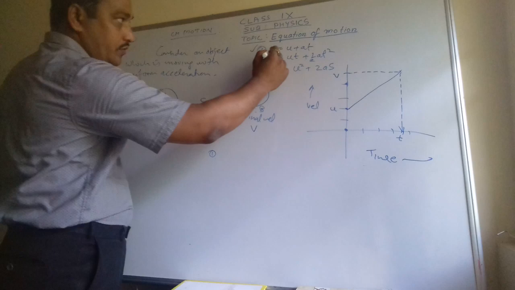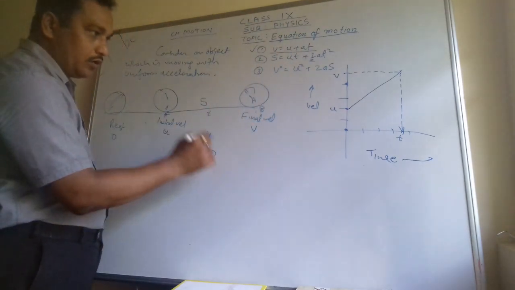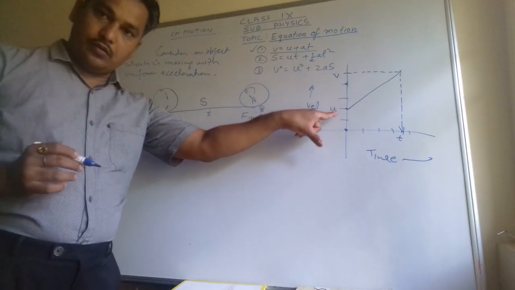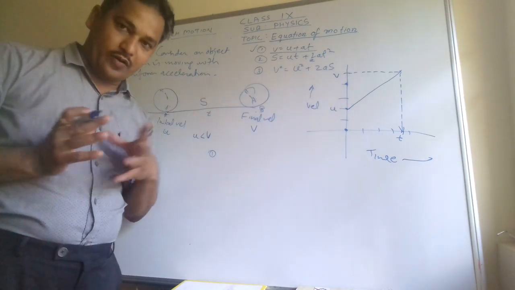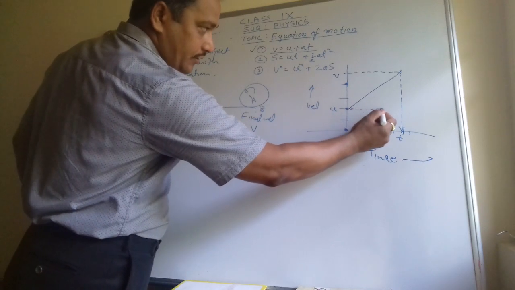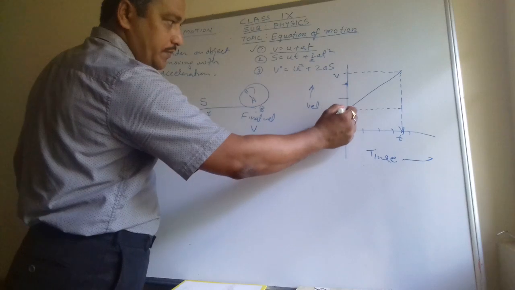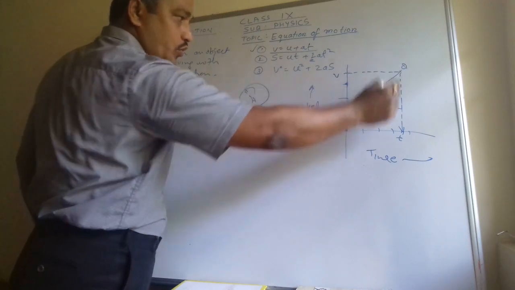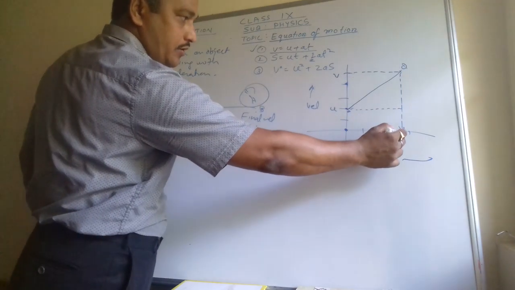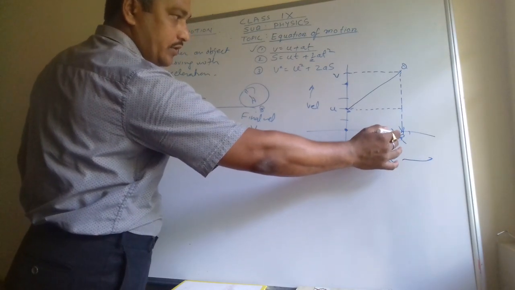So for the first one, v is equal to u plus at. Now all of you are aware of the slope of a graph in a right triangle, which you have studied in mathematics. For example, this point is P, here is Q, this is R, and it is taking t seconds to cover this distance.